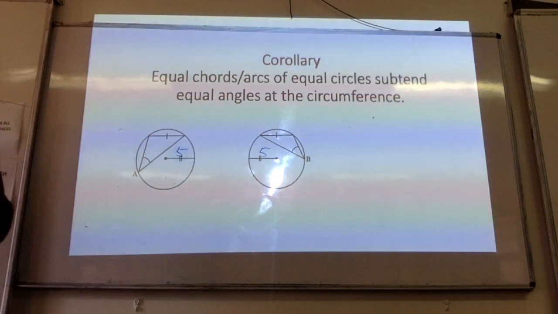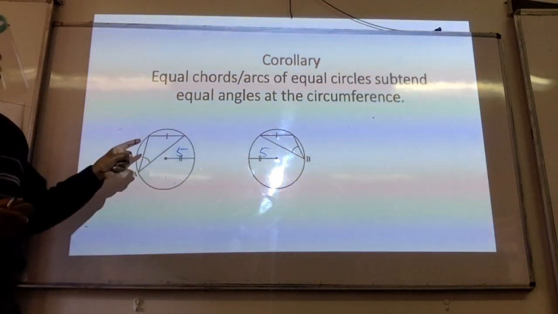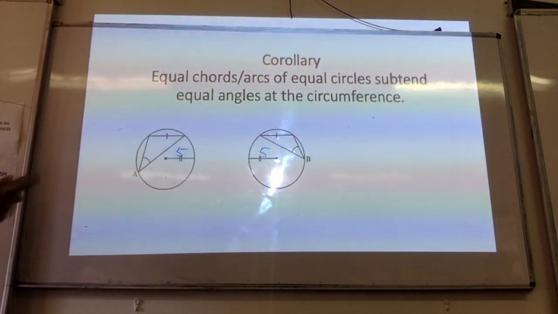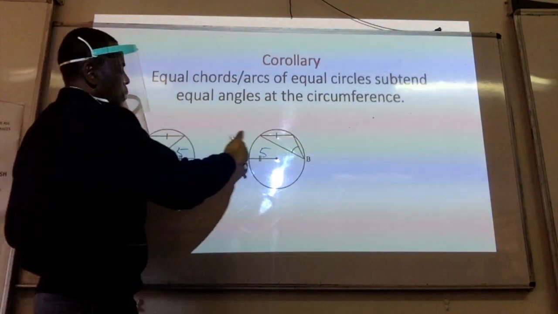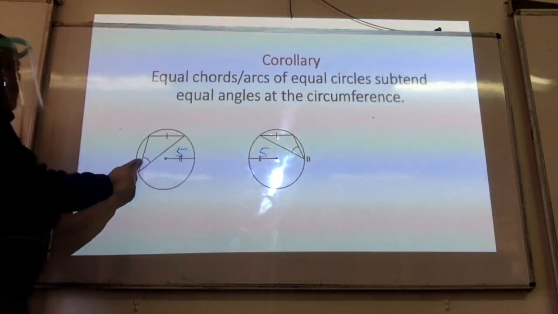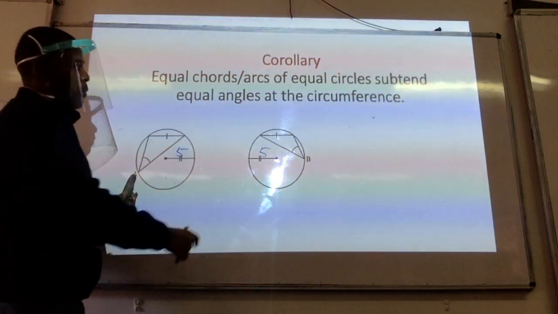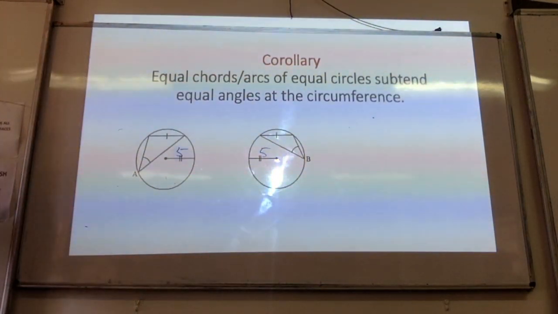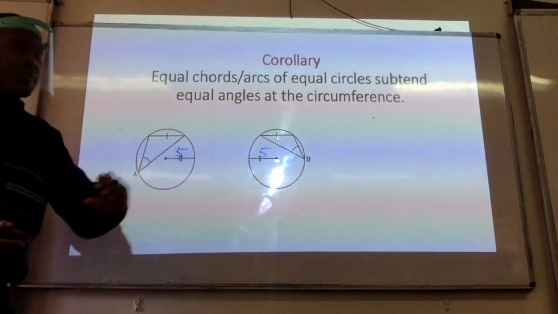Kind of congruent, eh? Yeah, kind of congruent. So equal chords of equal circles subtend equal angles. So here is a chord which is the same length as that one. This one subtends angle A at the circumference. That one subtends angle B at the circumference. And we are saying these angles at the circumference will be equal.